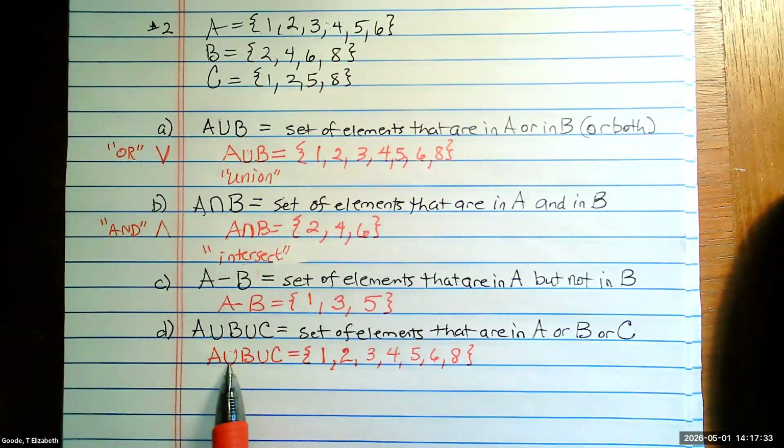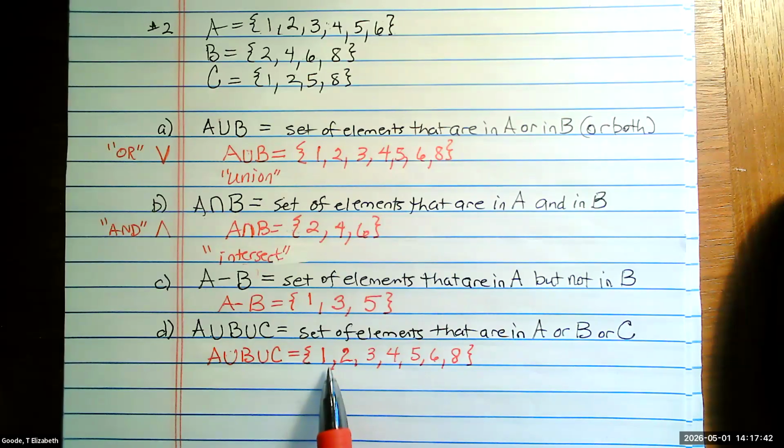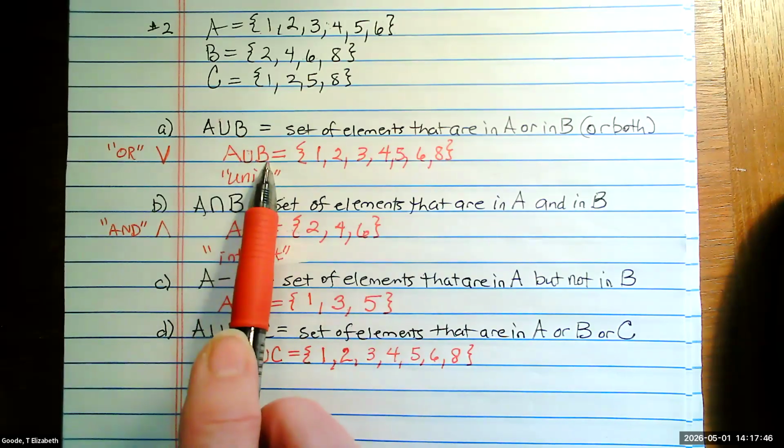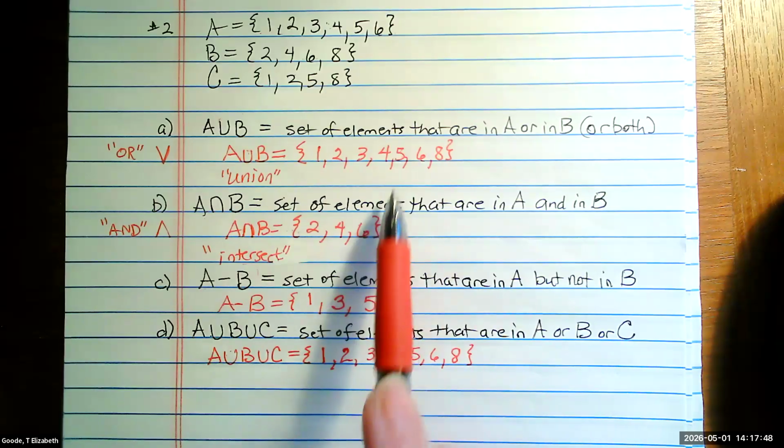Do you notice something about A union B union C, besides it listing all the numbers? I'm wondering if you see any difference between A union B union C and A union B. Do you see how those are actually the same set? They actually are. And you know why that is?